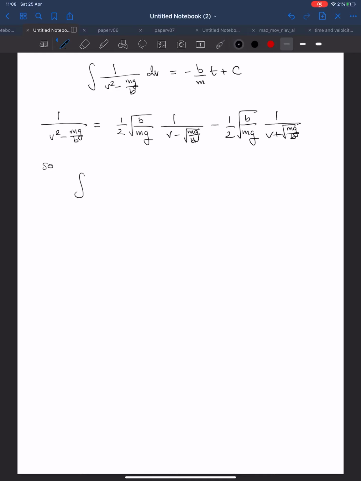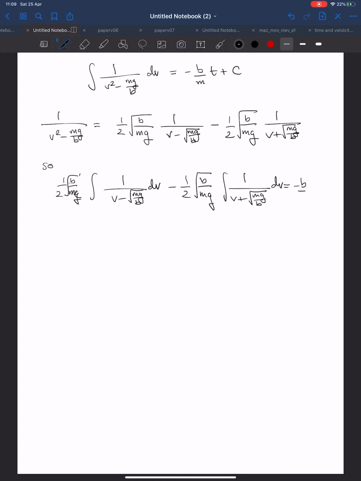So on the left we have the integral of 1/2. Don't forget to put this in front. Minus 1/2 square root of b over mg, integral, equals minus b over m t plus c. That's what it is now.